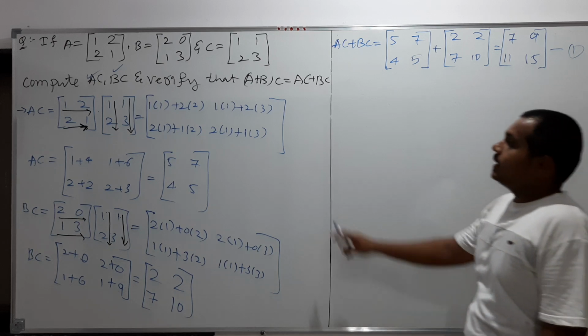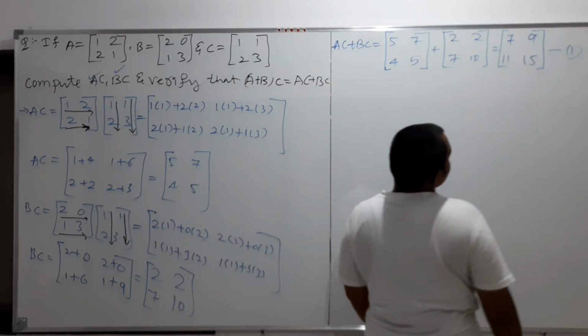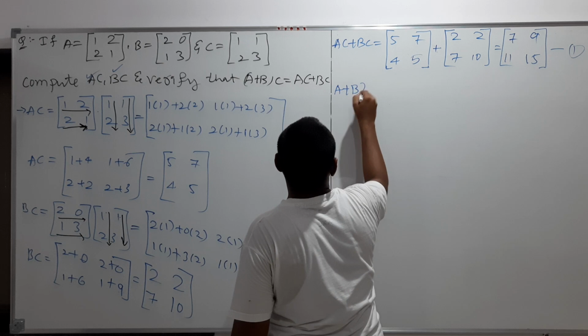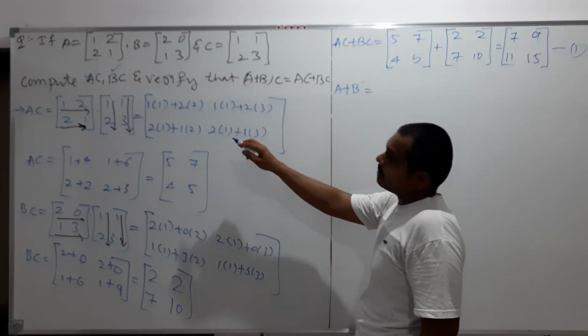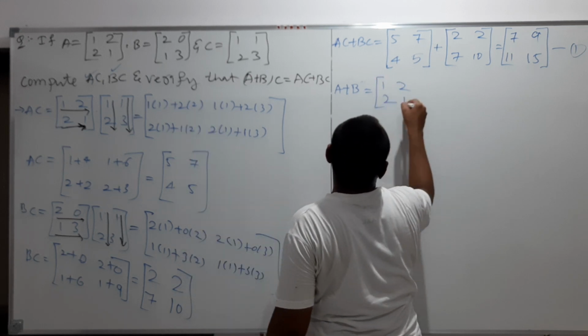And next calculate A plus B into C. Okay, first calculate A plus B only. So what is A plus B? A is, my dear students, 1 2 2 1.